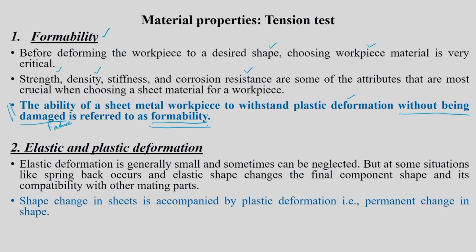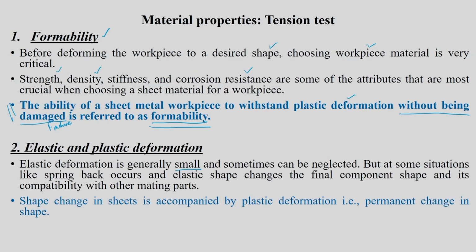Okay, and in this context, the meaning of elastic and plastic deformation. So we will not discuss much on elastic deformation. I think you might have studied this in solid mechanics. Elastic deformation is generally small. Okay, so whenever you do tension test, first of all it has to cross elastic deformation, then you enter into the plasticity part. Okay, this elastic deformation is generally small and sometimes can be neglected.